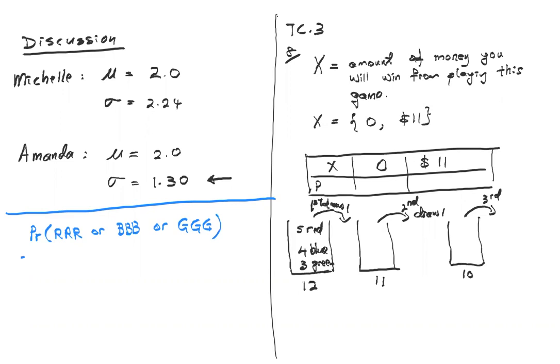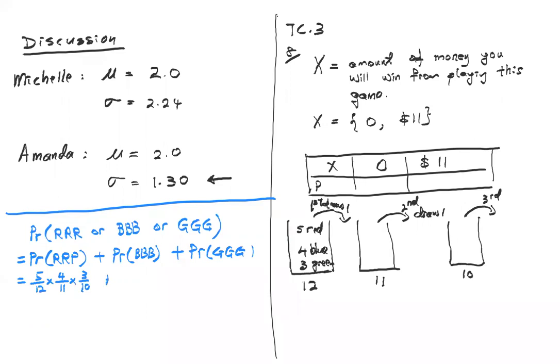So in probability, when you have the or, you add up the probability. Are you clear? Remember that or means you add. So the first one, you got red, chance is 5/12. You draw 1 red already, you are left with 4, so 4/11, times 3/10.